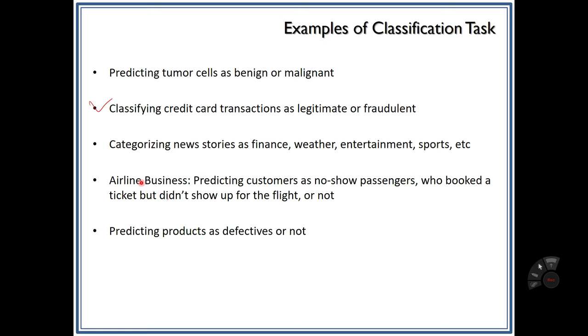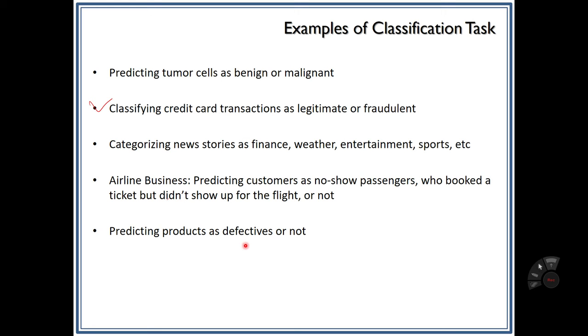And the last example, I also talked about this in the last class, is in the manufacturing industry. It is also an important problem that we want to predict whether or not a product is going to be defective or well-functioning, just to prevent defective products from going out to the customer.